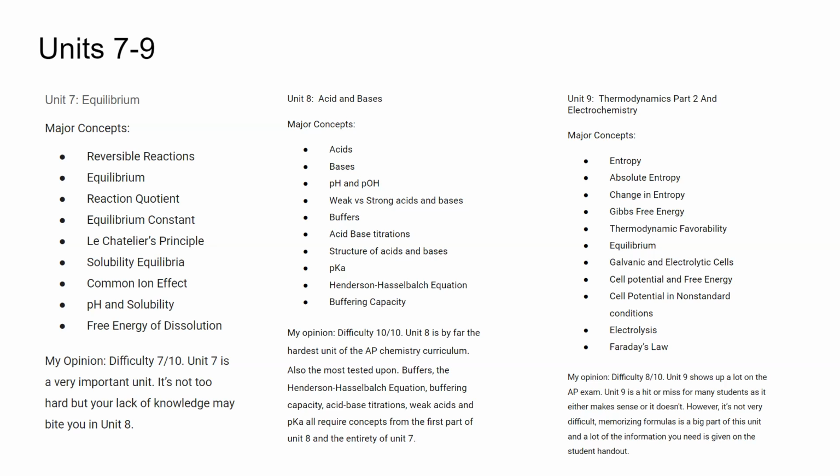Unit 9 is thermodynamics part 2. It also includes some stuff about electricity and chemistry.